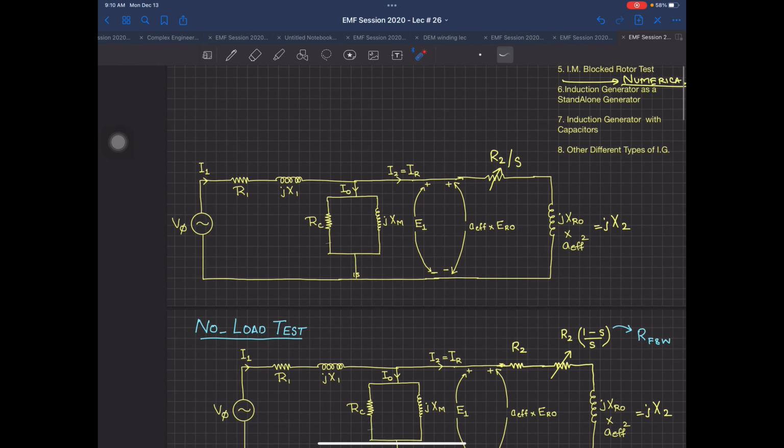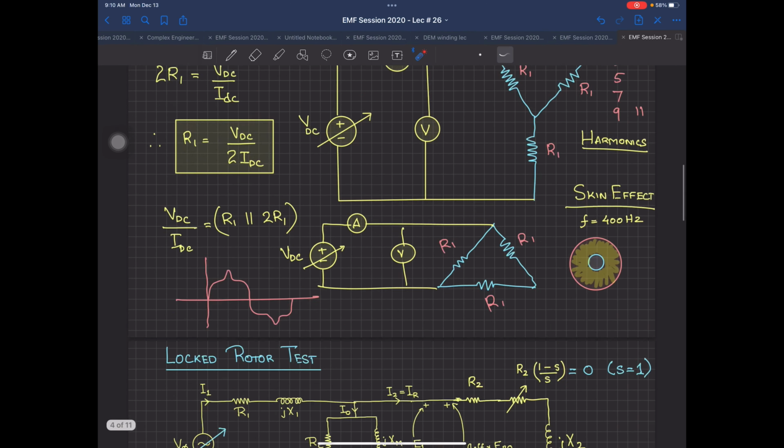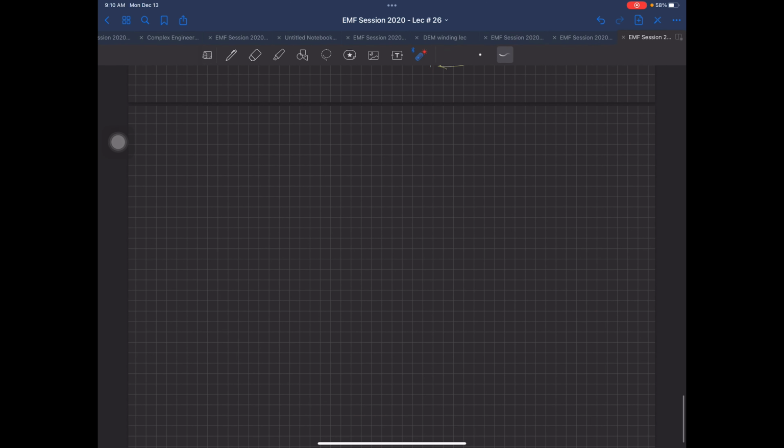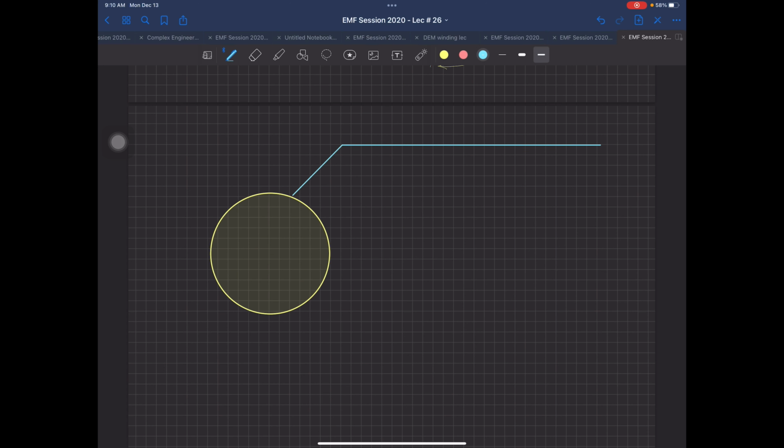So what will happen, the problem would be, if I go back to, if you have an induction machine and you are trying to run it over there, supposing I have this machine over here, a 3-phase, certainly.